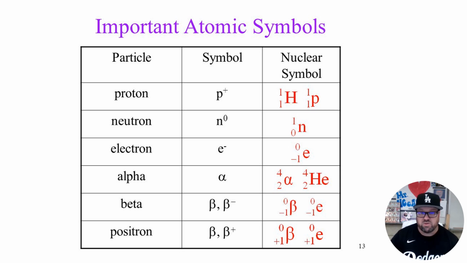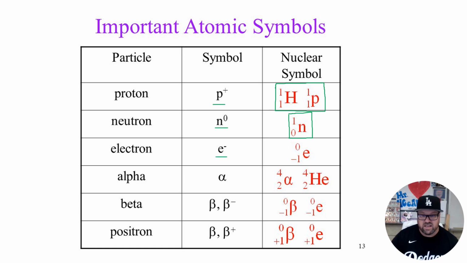So first off, we have a proton. Symbol is P plus, and the symbol for protons are usually one for the mass, one for the atomic number, and then H for hydrogen or P for proton. Those symbols are interchangeable. A neutron symbol, the basic symbol is N0, but in an isotopic nuclear equation, you would write it as one for the mass, zero for the atomic number because it's not a proton, and then lowercase n.